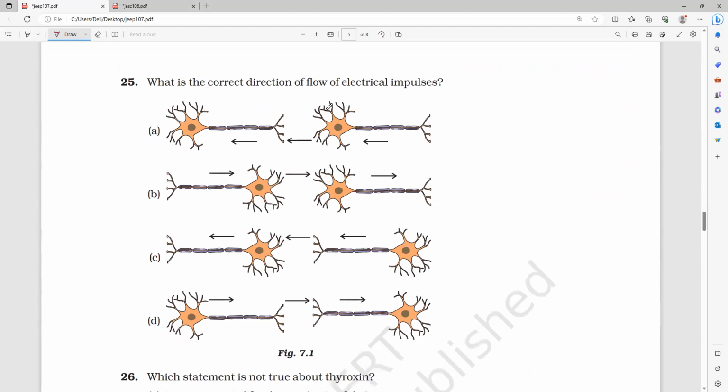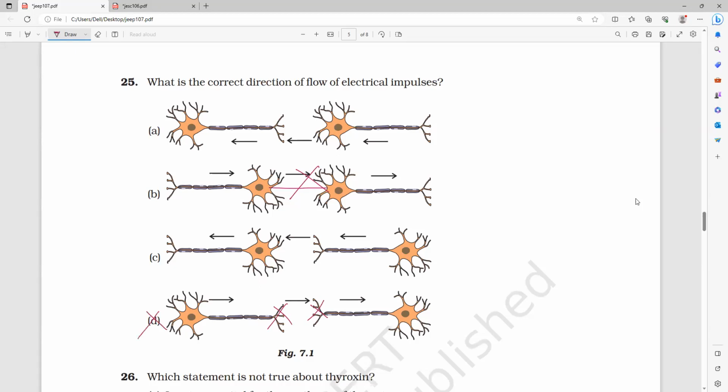Next, which is the correct direction of flow of electrical impulses? Check it, everybody. Option B or option C? See, in both of them dendrite and dendrite are exchanging. That is wrong. Here both are nerve endings and nerve endings.